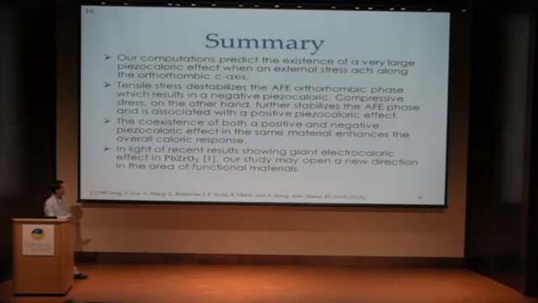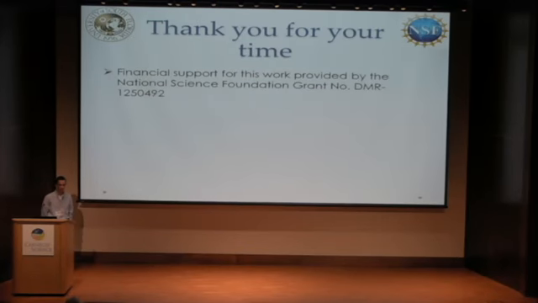Also, a very nice thing for applications is the coexistence of both positive and negative changes in temperature in the same material, starting from the same temperature at which you apply the stress. In light of these recent results for the giant electrocaloric effect in lead zirconate, this could open a new direction in the area of functional materials. I thank you all for your time.